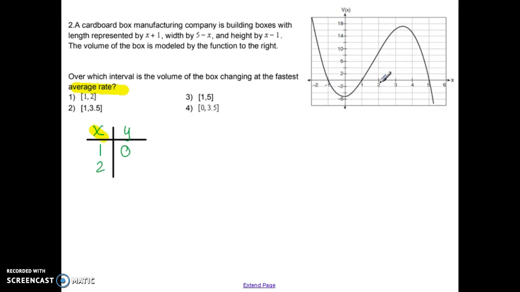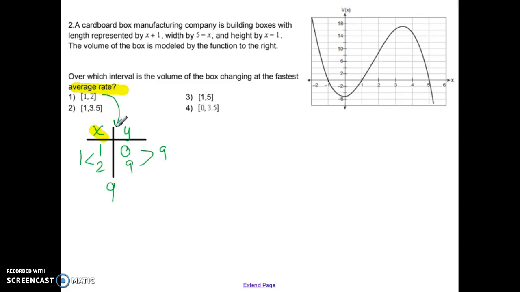And then when I sub in 2, I would say the output's probably close to 9. And I'm going to take the difference. Remember, it's change in y over change in x, so my change in y is 9, and my change in x is 1. So this is going to be 9 over 1, which is 9.